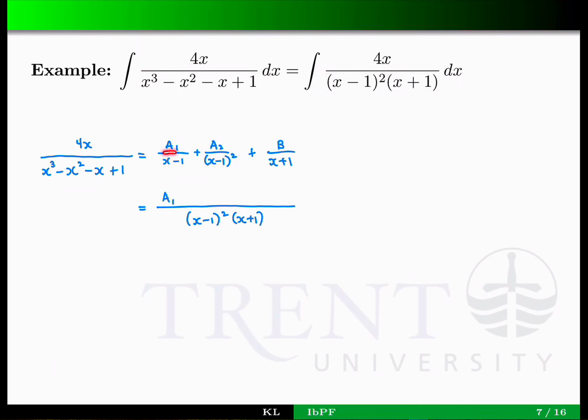The denominator for a1 is x minus 1, but the denominator of the original expression is x minus 1 squared. This has power 1, this is power 2, which means a1 is missing another x minus 1.